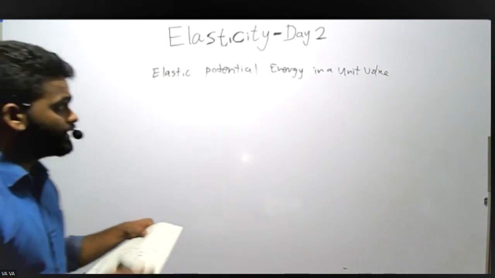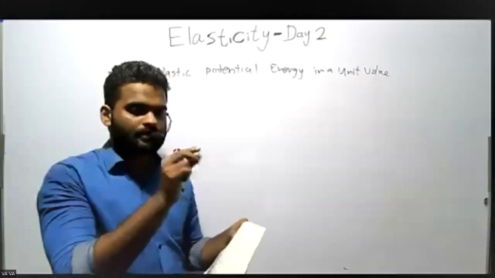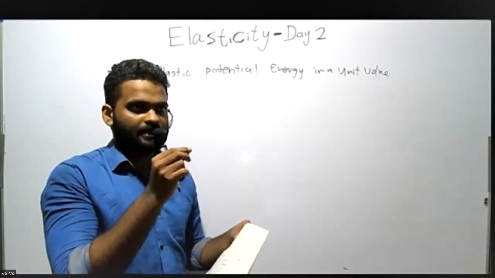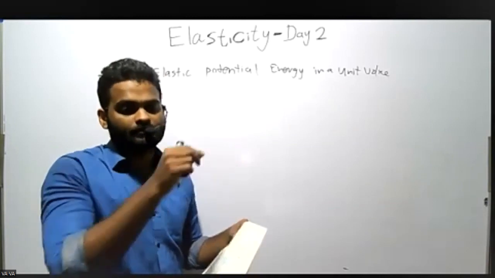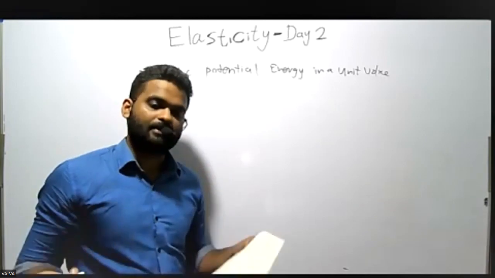So how do we find the elastic potential energy per unit volume? Unit volume means a unit volume of the wire, meaning per cubic meter of the wire, or per cubic centimeter of the wire, or it can be a rod as well, right?